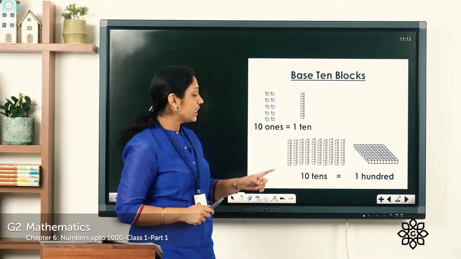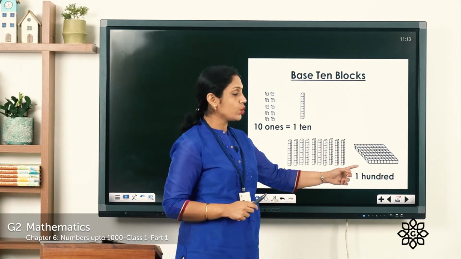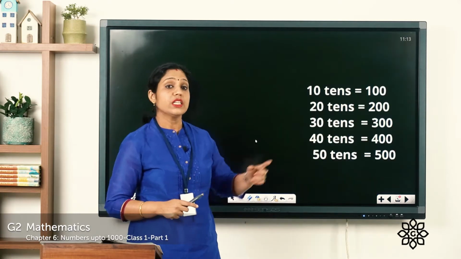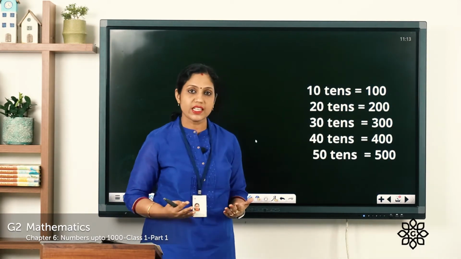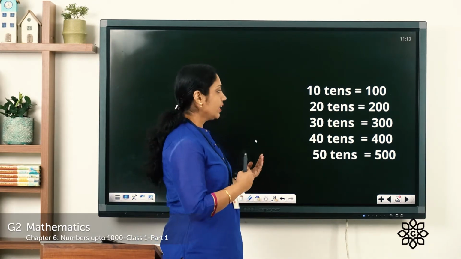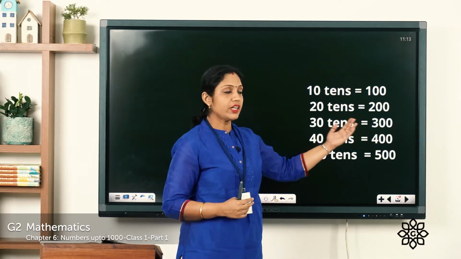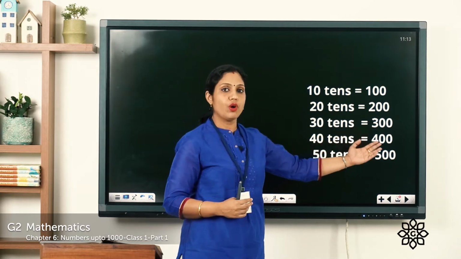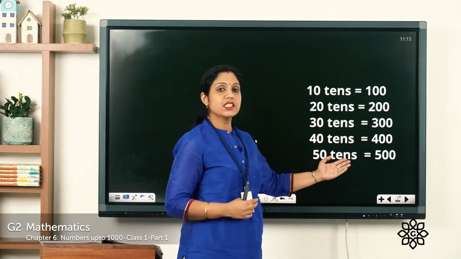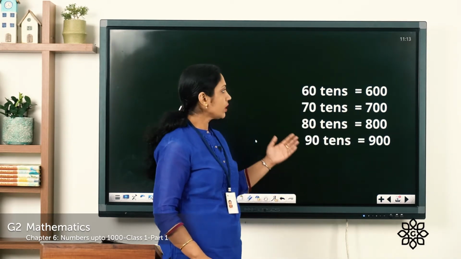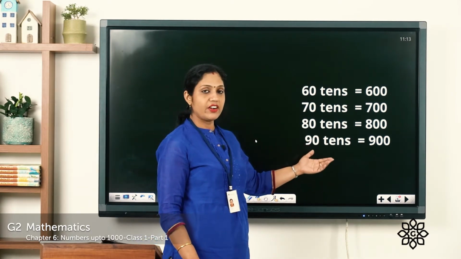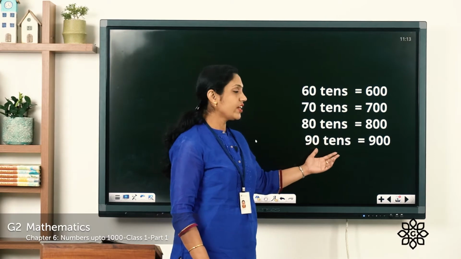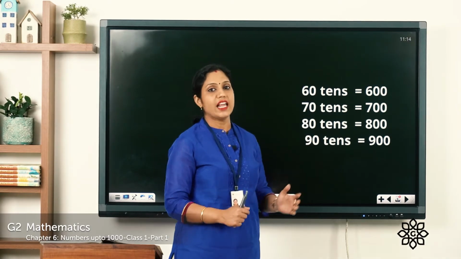So we can say that 10 tens is equal to 100. Then 20 tens will be 200, 30 tens will be 300, 40 tens makes 400, 50 tens is 500, 60 tens is 600, 70 tens is 700, 80 tens is 800, 90 tens is 900.